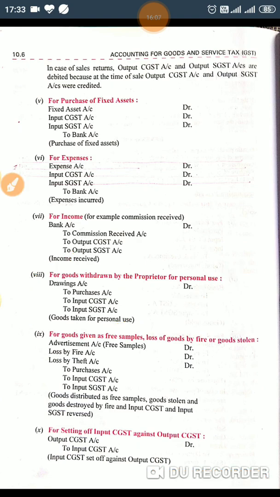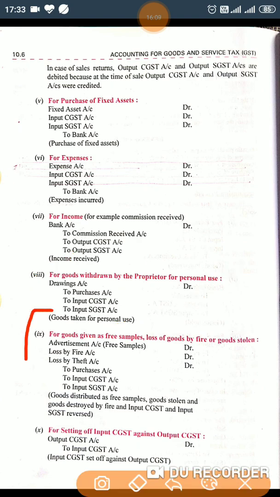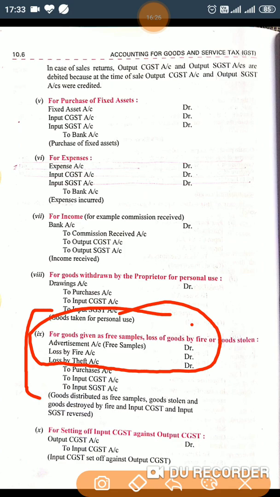The same way, goods lost by fire, lost by theft, goods given as a charity, goods distributed as a free sample, for all that, these are expenses for the business. Increase in expenses or losses should be debited. That's why these accounts are debited. It's a compound entry.